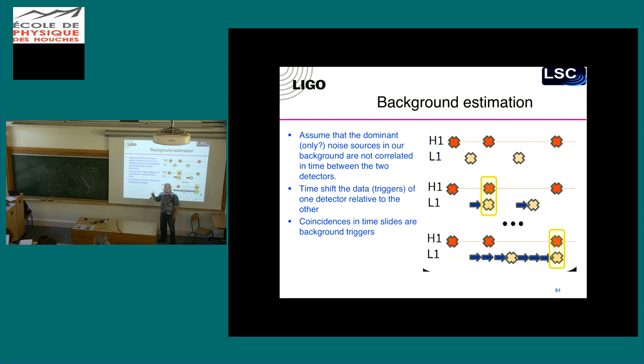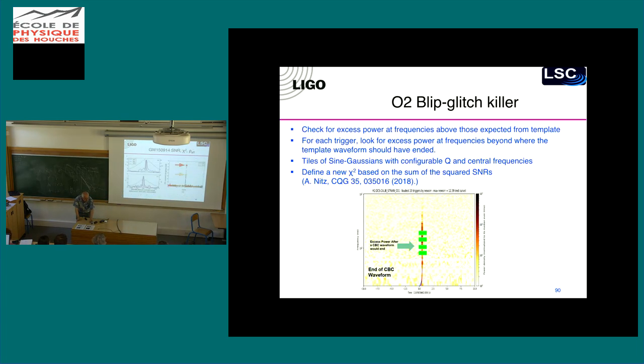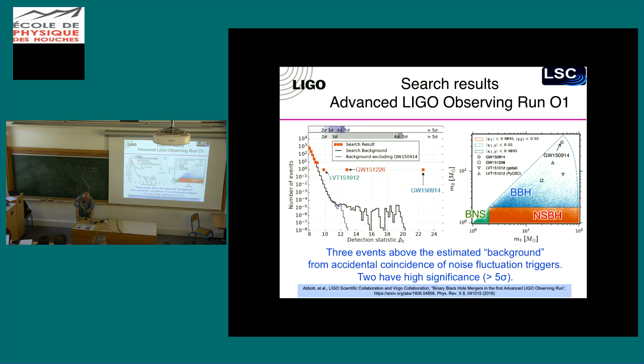That long tail is signal making believe it's background, because we're assuming that everything is background when we do these time slides, but it isn't. Sometimes there's signal. And if the signal is really loud, it creates this gigantically long tail, which fortunately goes away if you just remove this guy. If you just remove this guy, all of this goes away.